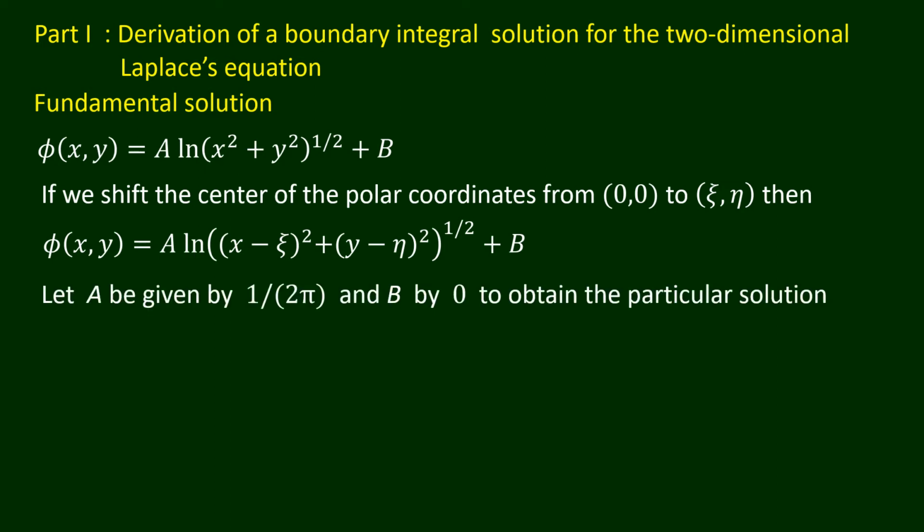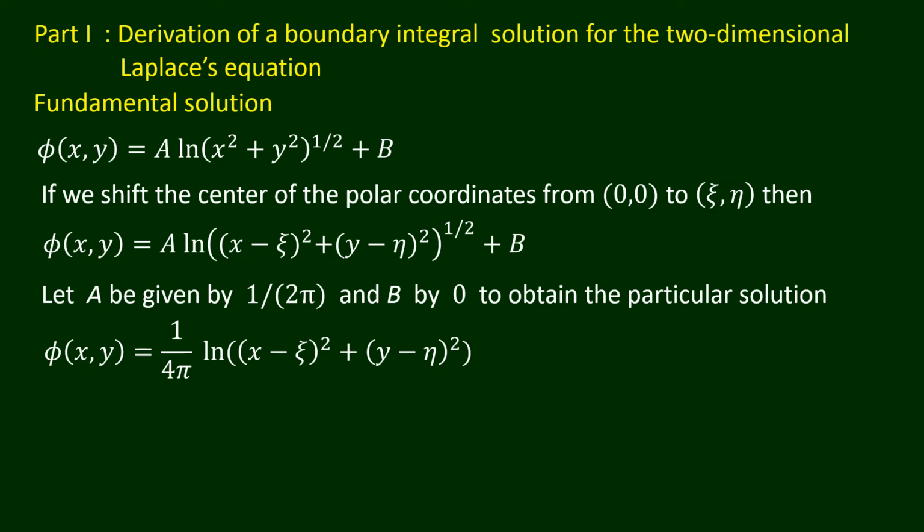Let the constant a be given by 1/2π, and b by 0. This gives us the particular solution, φ(x,y) = (1/4π) ln ((x − ξ)² + (y − η)²).